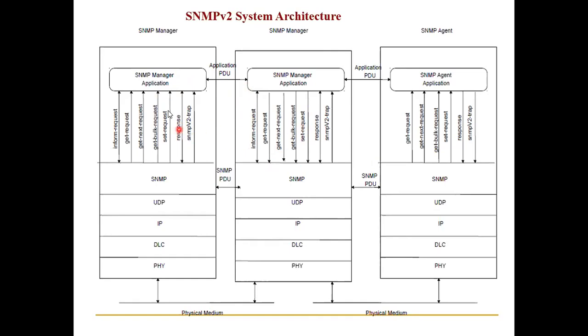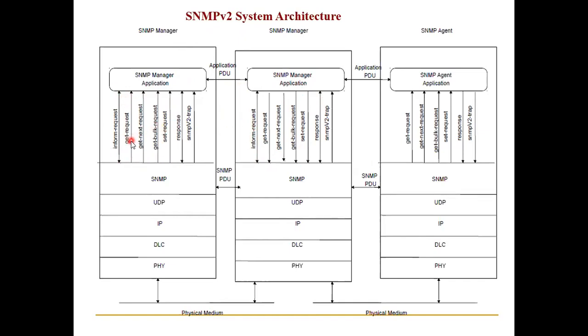Students have the tendency to think that as the arrows are here, the arrows are the same here too. Inform request, I explained that when one manager is communicating with another manager, one manager must have sent some request or asked for some data, and the second manager is replying. Okay, so that's why this is bi-directional. So this one might ask for data from that one, and that one might ask for data from this one. That's why it is bi-directional.